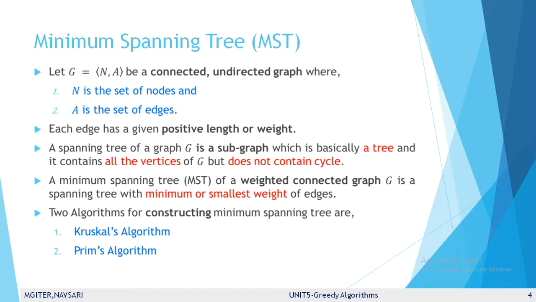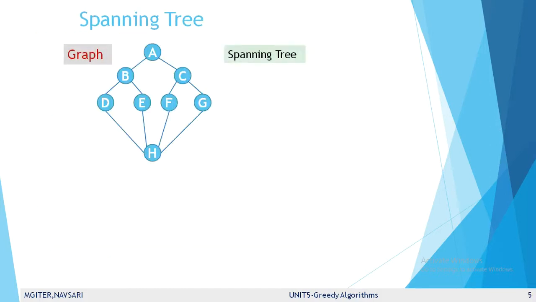First of all we discuss Kruskal's algorithm. Here we see the graph. The graph is a connected graph, and it has vertices 1, 2, 3, 4, 5, 6 and 7.